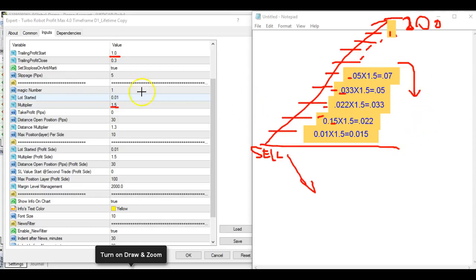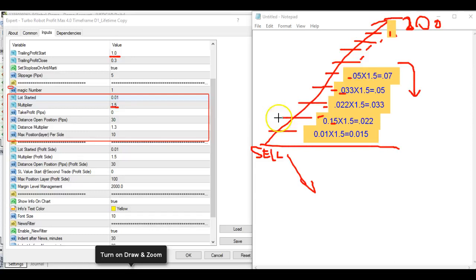So we are talking only about the losing position, this area here. Losing position means this is your plan B. The robot or the EA will open using our signal indicator, which is proven and highly accurate, and the moment that it loses, this is your position here.